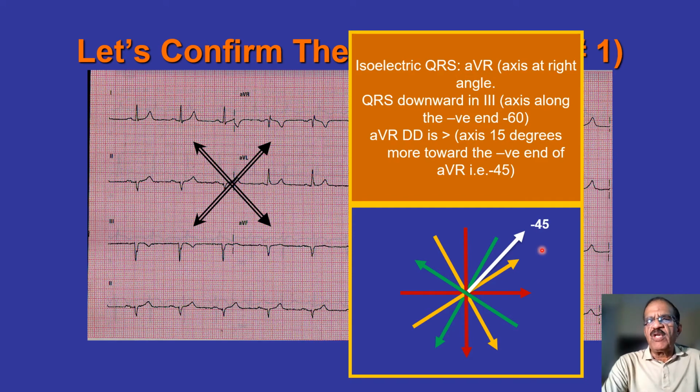So minus 45 is the axis. I hope you have understood this. This was actually the revision. Minus 45 is more negative than minus 30, so it would be called left axis deviation. We have already fulfilled the other criteria, and we have also demonstrated left axis deviation. So now we confirm that this is a case of left anterior fascicular block.